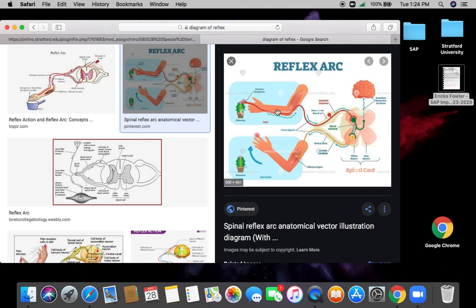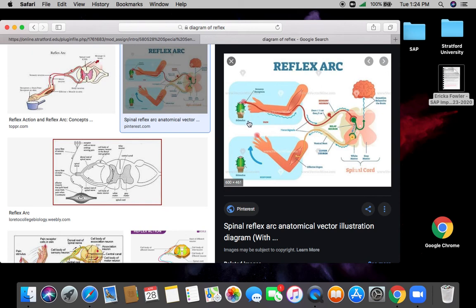Now, typically, we showed you the arc of the entire sensory and motor reaction. That was the picture that we showed you, the one with the seesaw and the man. That happens too when you prick your finger, or I was making french fries yesterday and I got oil on my hand.